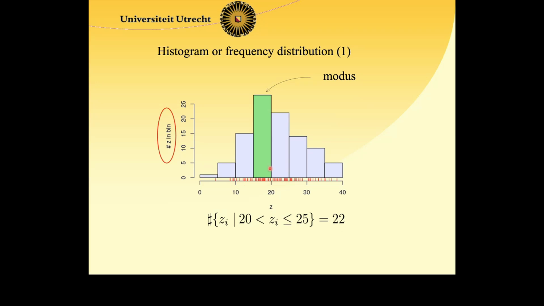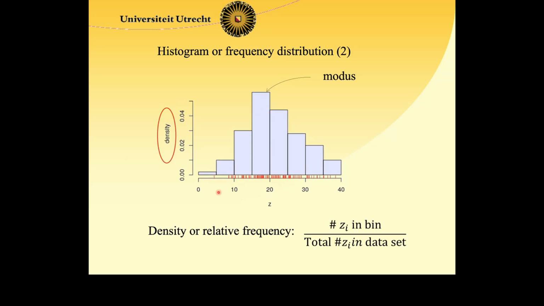That's in this case 22, and that's the value that is plotted. So for instance, between 20 and 25, there's 22. By the way, the bin with the highest value is often called the mode of the distribution.